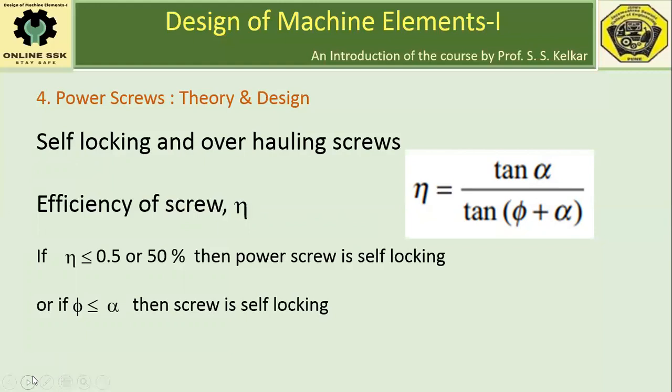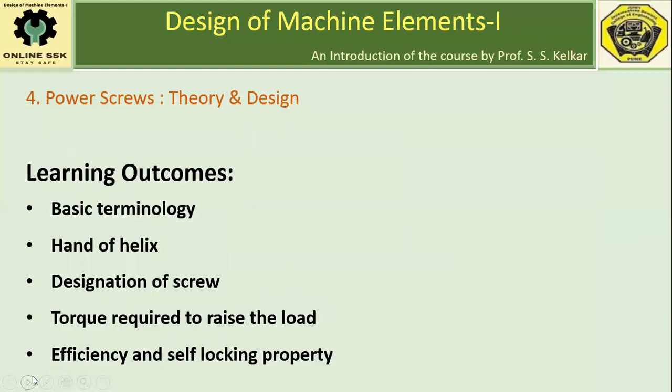Again, I should mention that in this slide, by mistake I have written phi is smaller than or equal to alpha, whereas correctly it should be phi is greater than or equal to alpha. If phi, the friction angle, is greater than alpha, the lead angle, then the screw happens to be of self-locking nature. So these are some basic concepts or basic ideas regarding power screw applications.